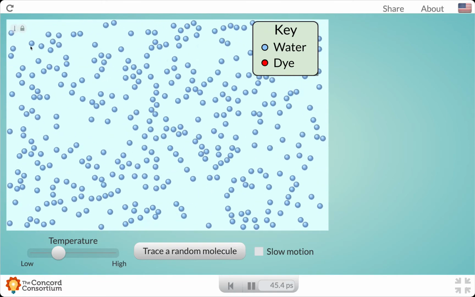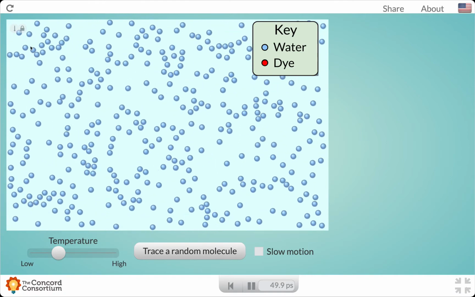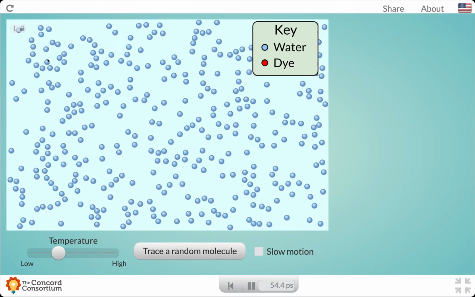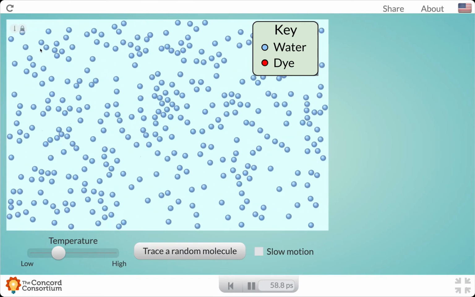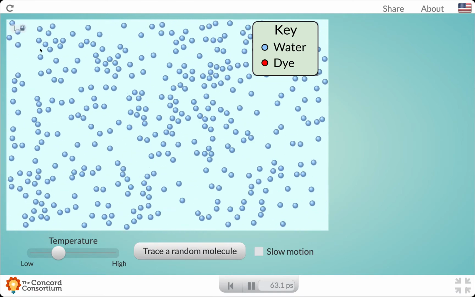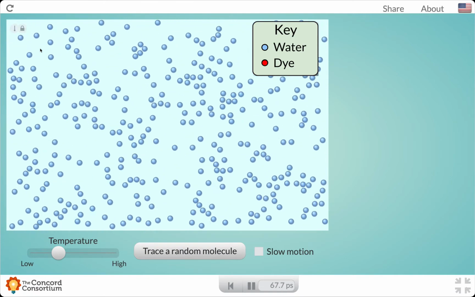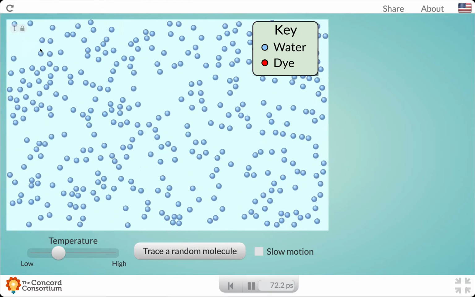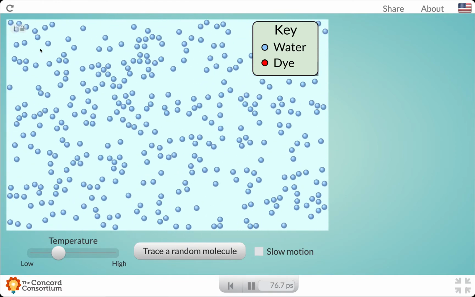When I click there, you're going to see lots of red particles appear. They're only going to be in that top left-hand corner, so that's going to be an area of high concentration. Then let's see what happens over time.